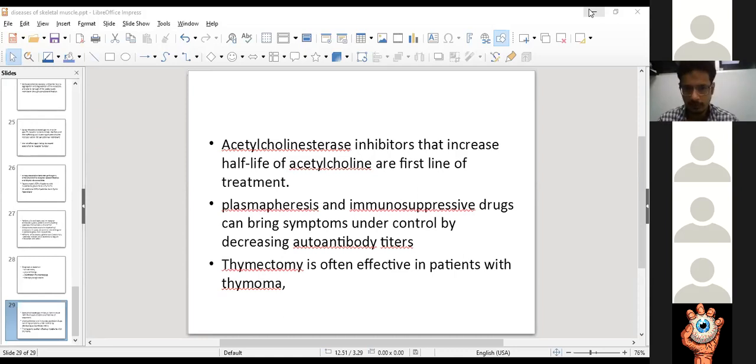And then clinical history and examination. Those antibodies are found against the acetylcholine receptors.